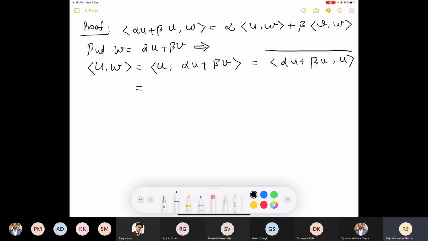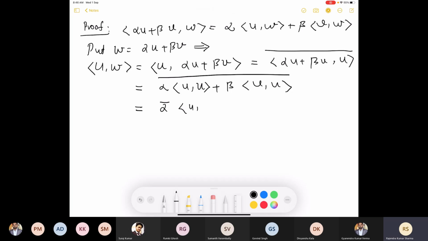So this is the conjugate of alpha u plus beta v comma u. So this is linear in the first coordinate. So this is alpha u comma u plus beta v comma u, and conjugate. So this is alpha conjugate u comma u.